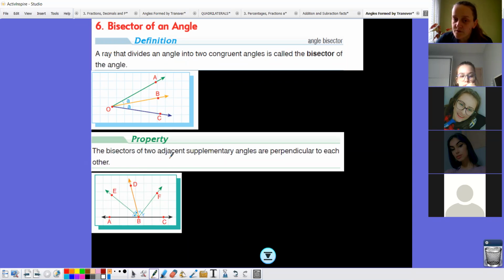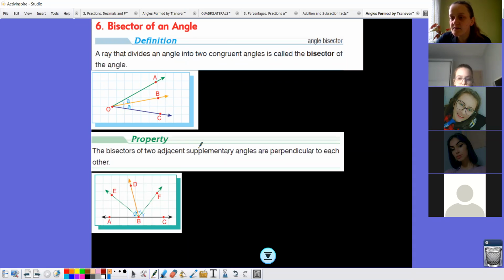So the bisectors of 2 adjacent supplementary angles are perpendicular to each other. Did you understand this property? If the figure is not given to you, would you draw this figure only with this property? Also, this is important in geometry, if you can draw the figure from the given information. So bisector, we understood, divides the angles into 2 equal parts.